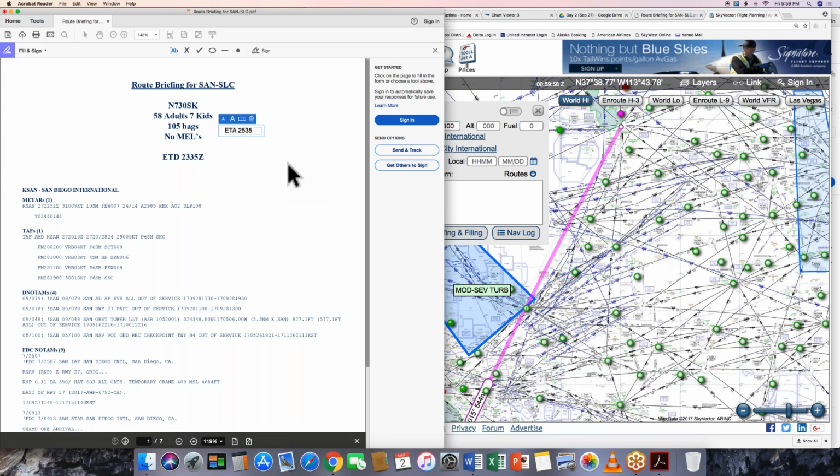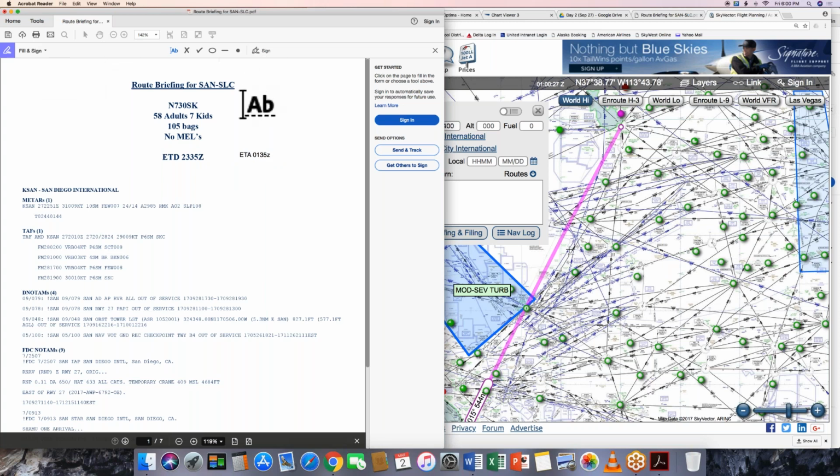Nope. Right. If it were 24:35, it would be 00:35. But since it's 25, it's 01:35, right? So 01:35 Zulu is our ETA.